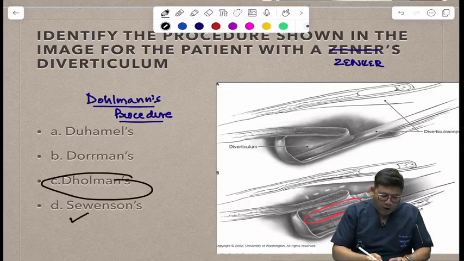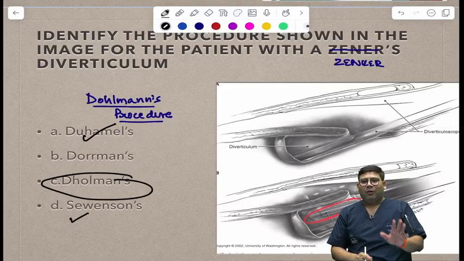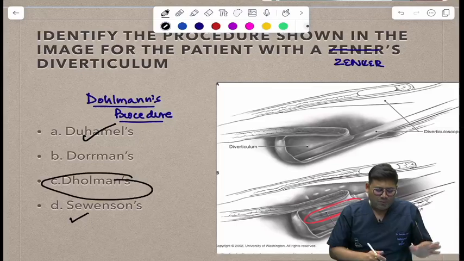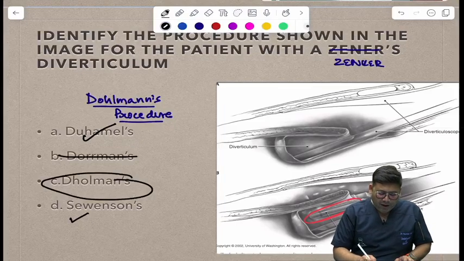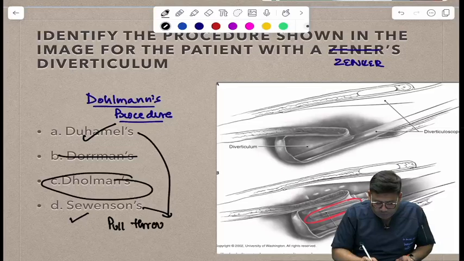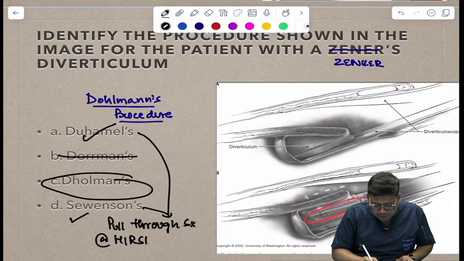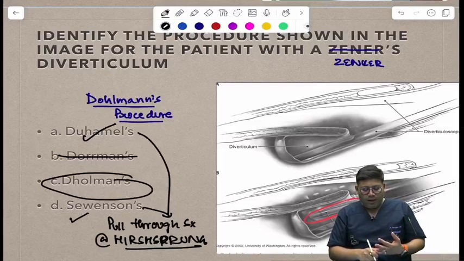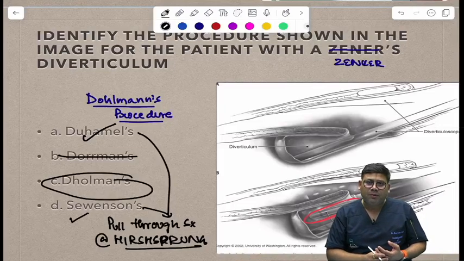Children, Duhamel and Stevenson, saying Dolman or whatever does nothing, you can say Doraemon, anything, it makes no difference. Duhamel and Stevenson, they are the surgeries which are posterior pull through. So they are pull through surgeries, done for Hirschsprung's disease, which is very common. So Duhamel, we have Stevenson's mucosectomy.